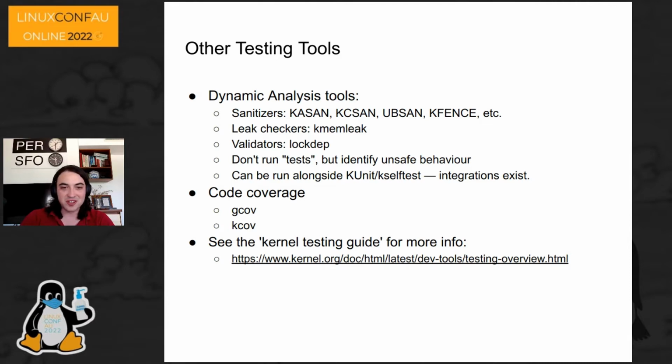So the first great achievement of the last year is that there's now the kernel testing guide in the kernel documentation, with a happy link there, that goes through what all of these things are and when you should use each in a little bit more detail than we can squeeze into half an hour here, and has all of the appropriate links spread through. So if there's one thing you should learn from this talk, it's really, if you want to know how to test the kernel, there's now a document telling you how to do it.